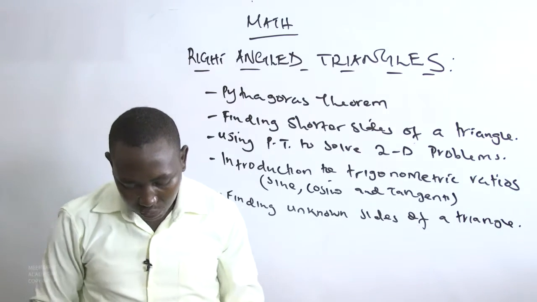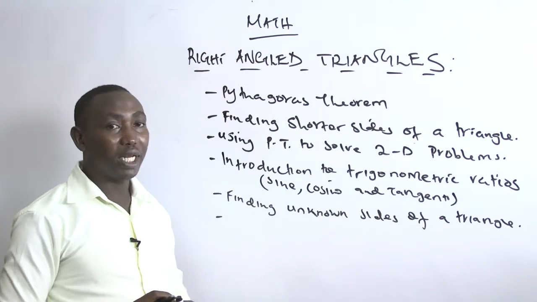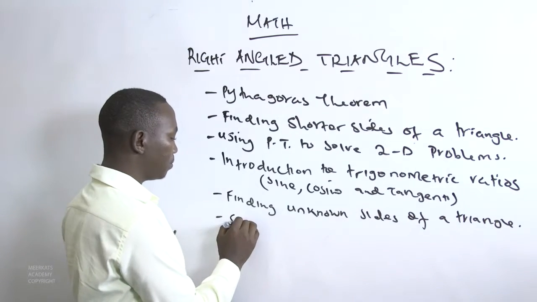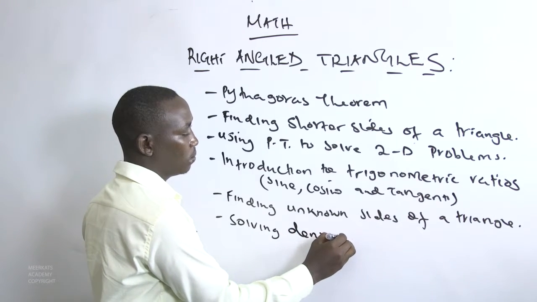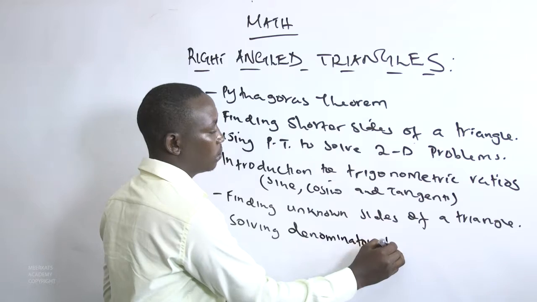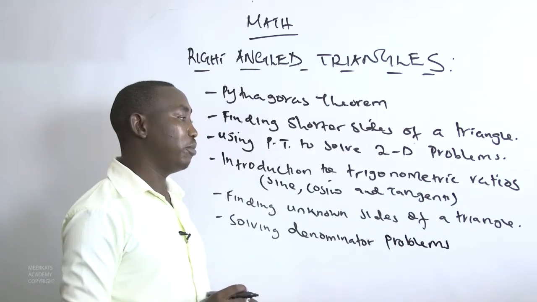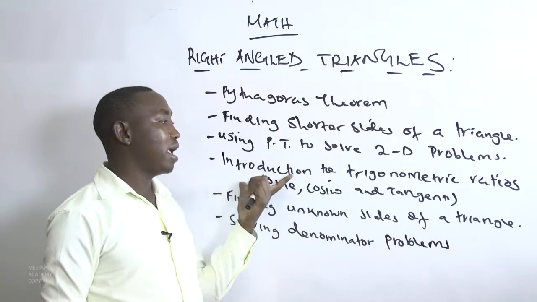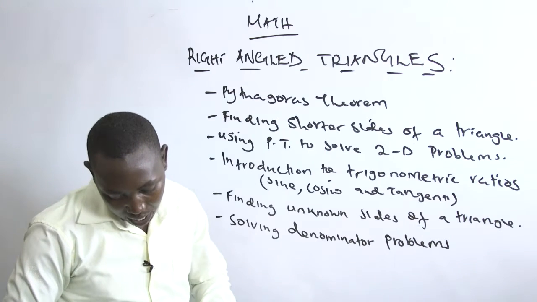And the next thing that we shall look at is how we can solve denominator problems, or solving the denominator, where we apply the trigonometric ratios in finding the denominator.